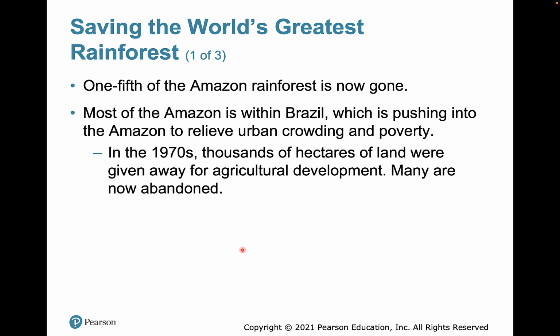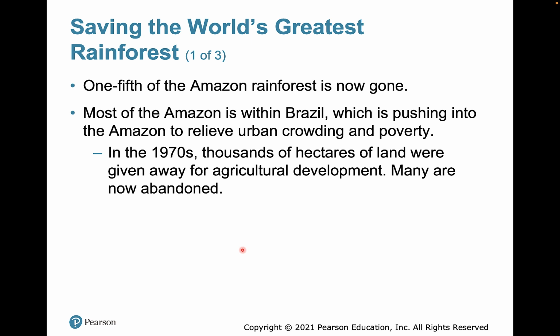Back when I was in high school, we learned about what was going on in the Amazon. They were doing slash and burn agriculture, which we'll talk about down the line, in order to create agricultural land for like the fast food companies. So clearing the Amazon rainforest in order to make grazing land for beef for McDonald's.